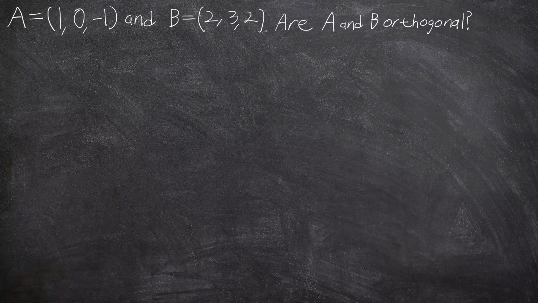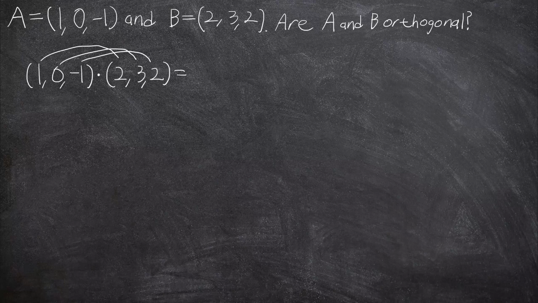So we're going to hop into it here. Let's draw out our vectors. We got A, and now we want to write out B. Okay, do your typical distributive property. 1 times 2 is 2. 0 times 3, 0. -1 times 2 is -2. 2 plus 0 is just 2.